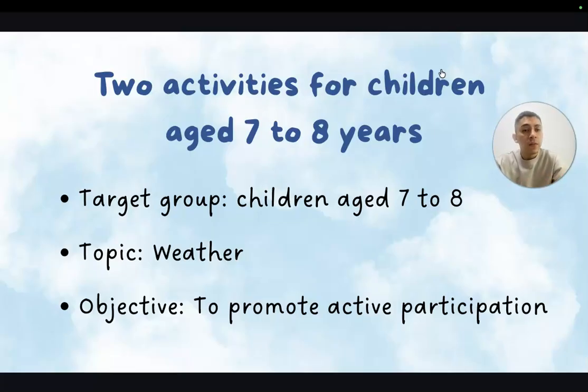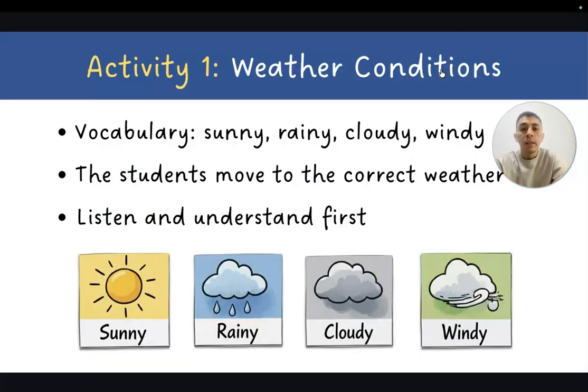They begin to classify information and establish relationships, so the weather theme allows them to associate concepts like sunny with clothing or specific actions. And children will enjoy taking on roles such as being scientists or presenters, which encourages participation.